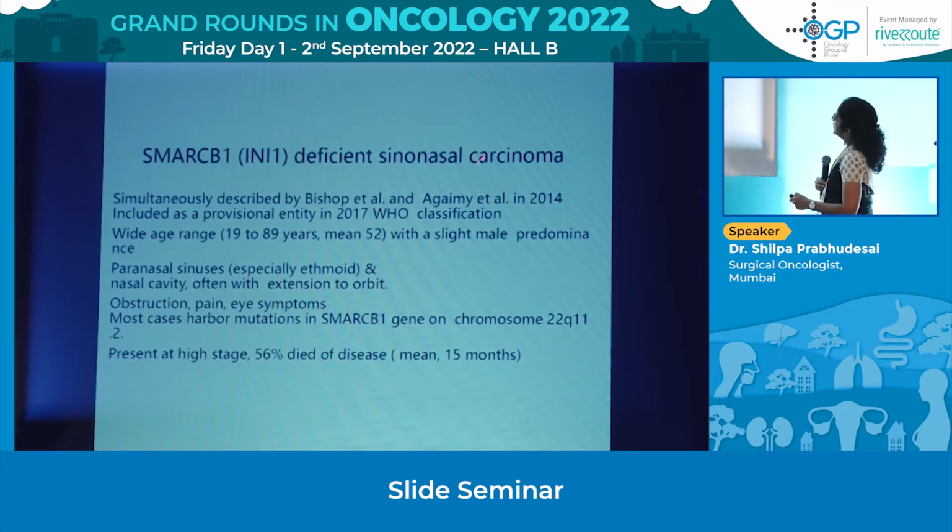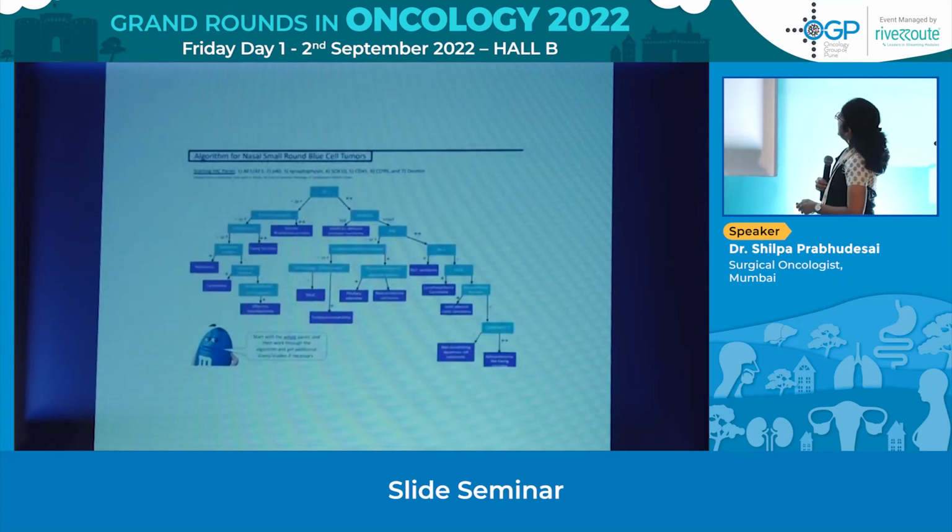And the sinonasal carcinomas with INI1 deficiency were described by Bishop and Agaimy, and they present at a high stage. And if you notice, 56% died of disease in the first 5 years. That's why it is important to know, and typical location is the ethmoid or the paranasal sinuses.